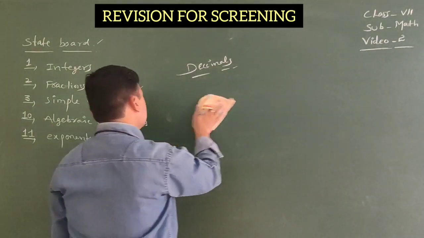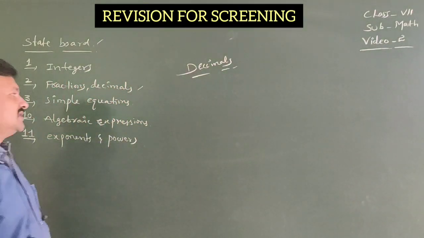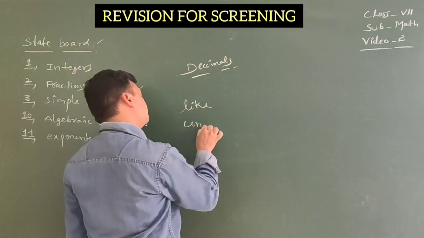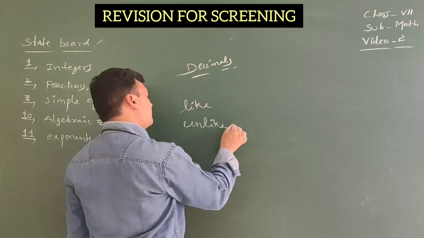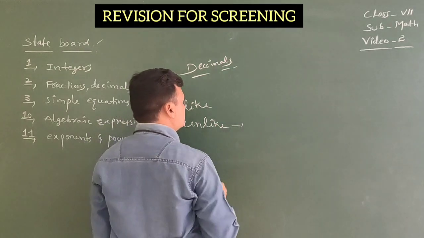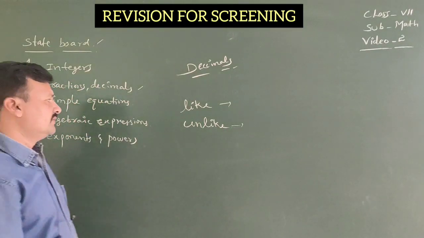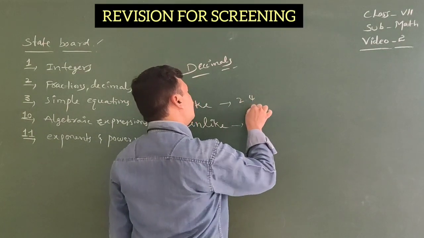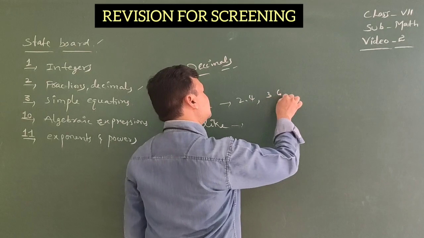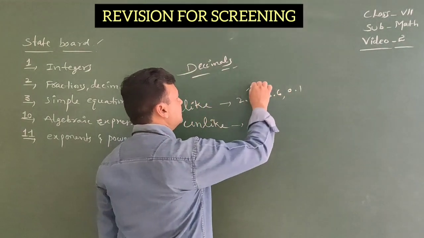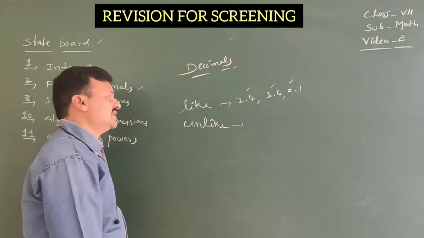Then types of decimals. We have different types of decimals: like decimals and unlike decimals. For example, 2.4, 3.6, 0.1 are called like decimals because they have the same number of decimal places.